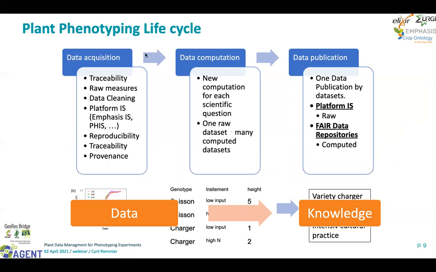This data acquisition step is followed by data computation. Once again, for each scientific question, you've got a new computation. Therefore, you've got one raw data set and many computed data sets. And finally, you've got the data publication. You've got one data publication per data set, either for the raw data and for the computed data, in FAIR data repositories. You can say also that you've got a gradient that allows you to go from the raw data to knowledge.